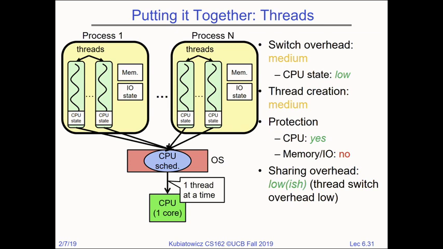On the other hand, it may be the case that certain threads are more important than others and higher priority, in which case you may run all the high priority threads in each process, so you keep switching processes to do the high priority threads, and then eventually you do the low priority threads. So there may be many different policies in switching between threads. So this diagram is not intended to indicate that you're going to run all the threads in process 1 and then in process 2 and then in process 3. Okay? But that's a great question.